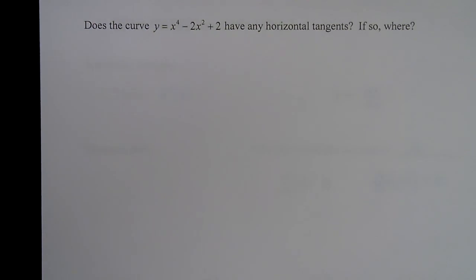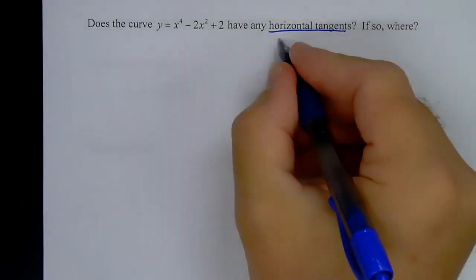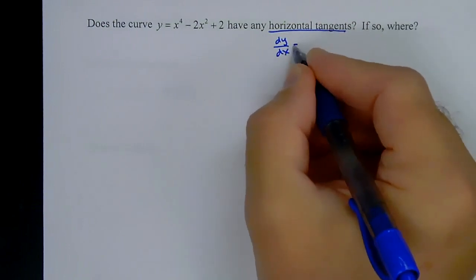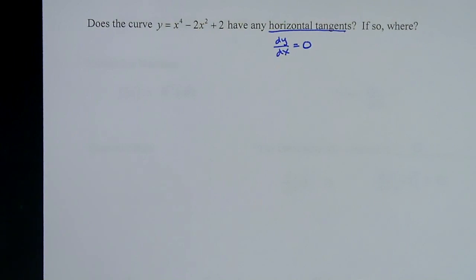Well, horizontal tangents have a slope that is 0, which means in this case, the derivative, dy over dx, would have to equal 0. So horizontal tangents means that dy over dx would have to equal 0. For this to happen, that has to be true.